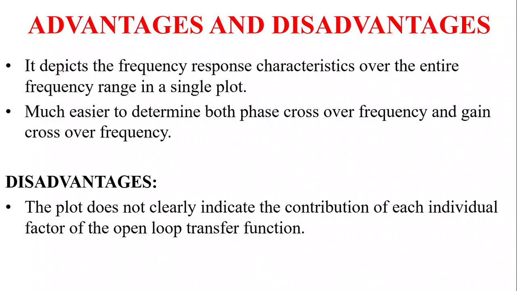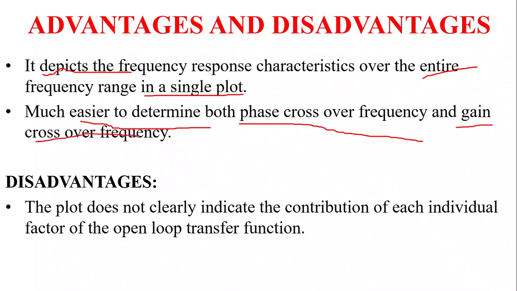First, the advantage is that it depicts the frequency response characteristics over the entire frequency range in a single plot. Entire frequency range means from 0 to infinity. The polar plot also makes it much easier to determine both the phase crossover frequency, ωpc, as well as the gain crossover frequency, ωgc.